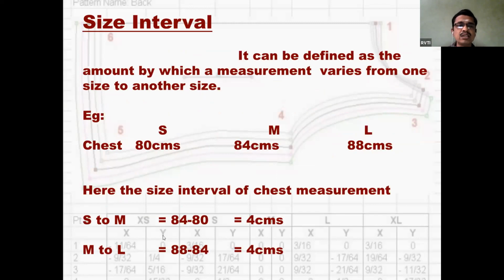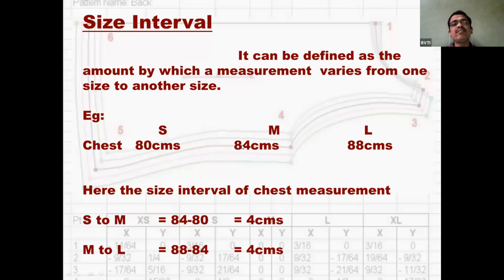See here the example, chest measurement: S 80 centimeter, M 84, L 88. So the size interval S to M, 80 to 84, is 4 centimeter, and M to L is 4 centimeter. So the difference in a particular measurement from one size to another size can be defined as the size interval. Okay, this is very, very important.